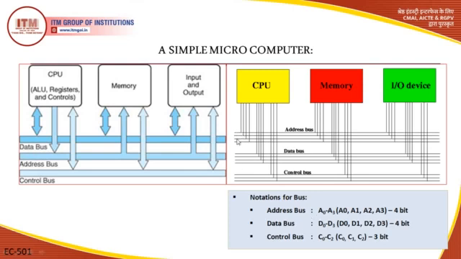The address bus is a 4-bit bus, A0, A1, A2, A3. Next the data bus is again 4-bit, D0, D1, D2, D3. So the notation is A for address bus and D for data bus. Now the control bus is C. There are three lines, C0, C1 and C2, 3-bit.